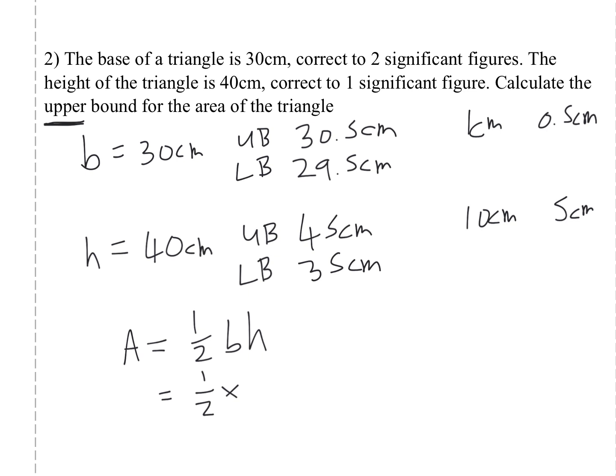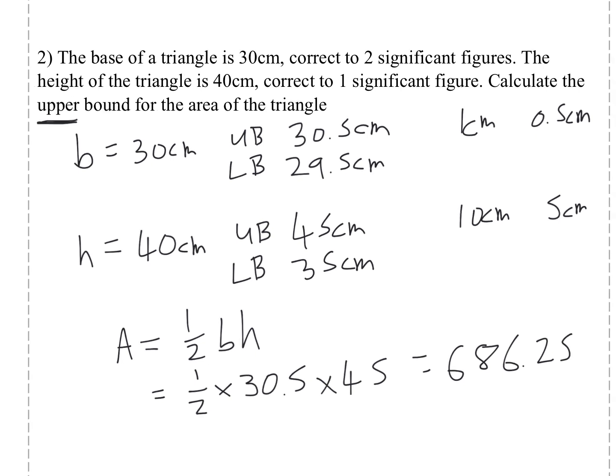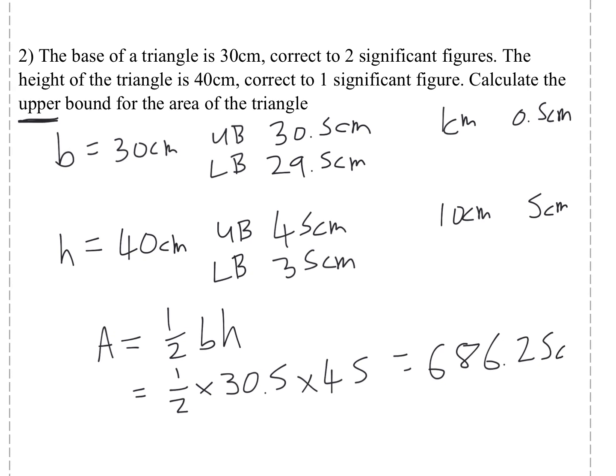So the larger bound for the base is 30.5 and the larger measurement for the height is 45. And that gives you 686.25. That's an area, so that would be centimeters squared.